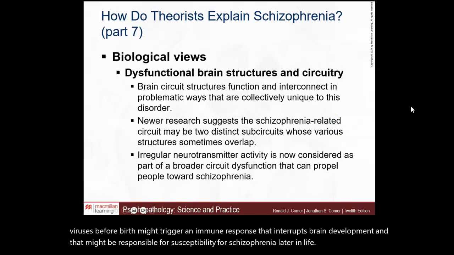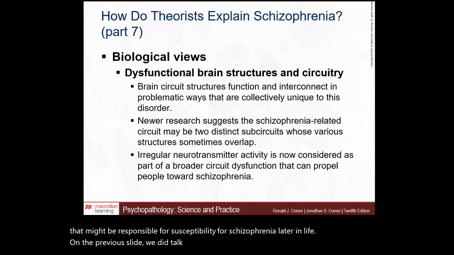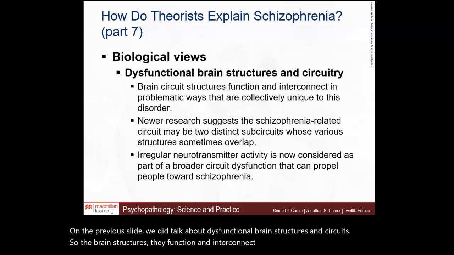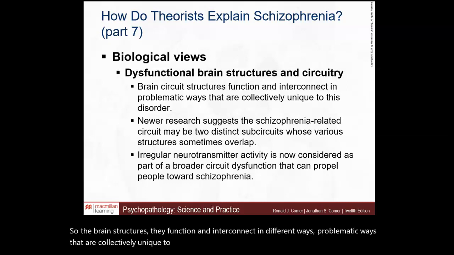On the previous slide, we did talk about dysfunctional brain structures and circuits. So the brain structures function and interconnect in different, problematic ways that are collectively unique to this disorder.